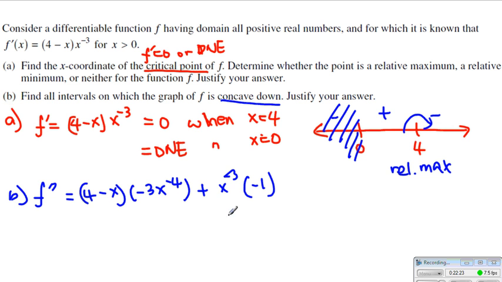Then what we can do is factor out whatever is common. Here we have x to the negative 3 power.